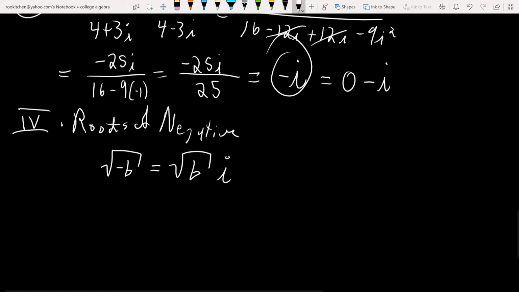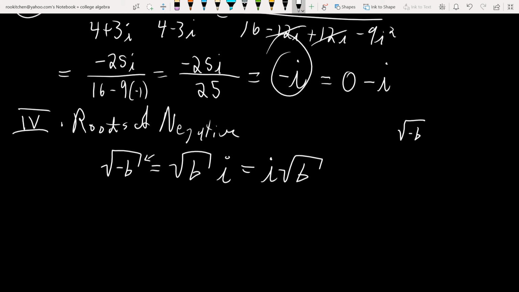I think the book also writes the i's in front of the radicals. That's fine too. If you're not putting that little hook on your radical, like I do, it's better to put the i in front. In the book, they probably write their radicals like this, which I don't like.